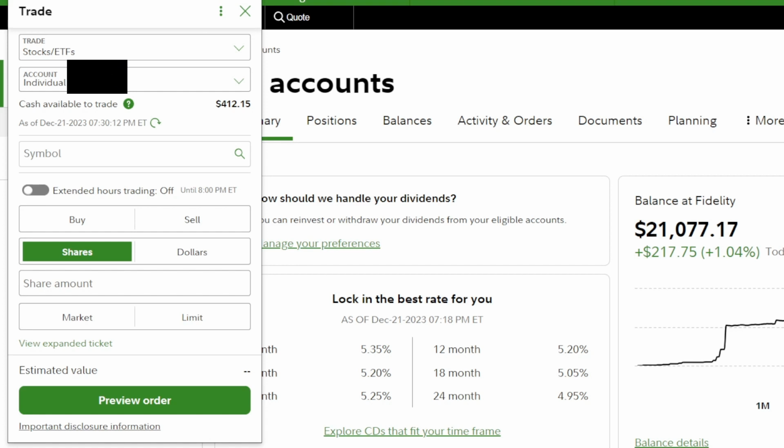Usually this can be anywhere from 0.03% to 1%. But the special thing about the Fidelity Zero mutual funds is they do not charge any expense ratio. And this is very beneficial if you're looking for a way to invest in these indexes without having to pay any fees on your investments.